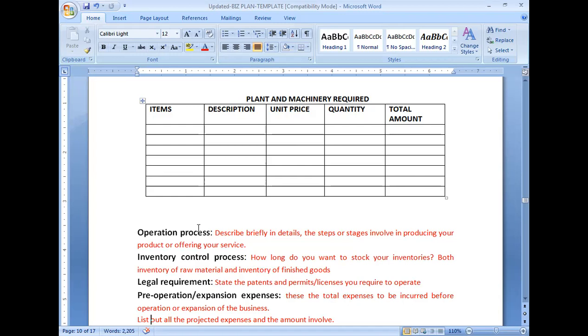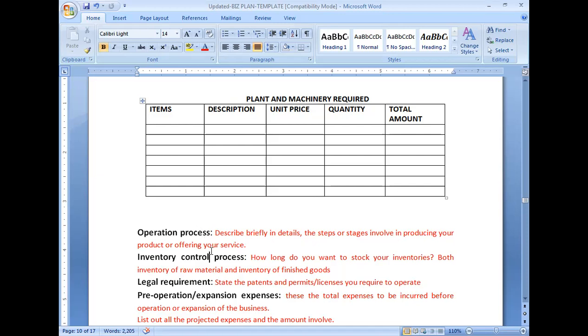After peeling, washing again. After washing, grinding. After grinding, pressing. Pressing and fermentation. After that, sifting. After sifting, frying. After frying, sifting again. After sifting, packaging and selling. So that's the process. You have to list the process flow in your business.